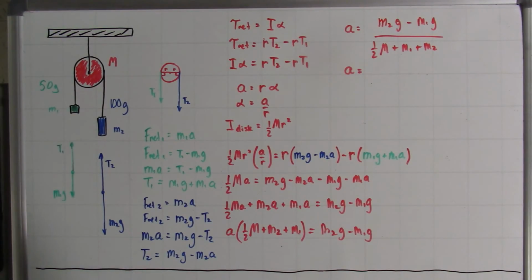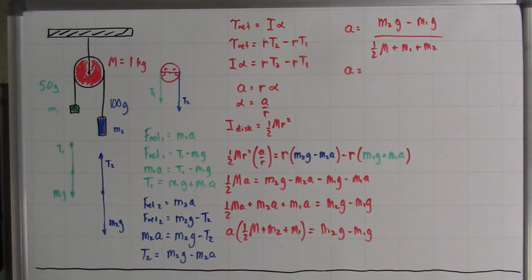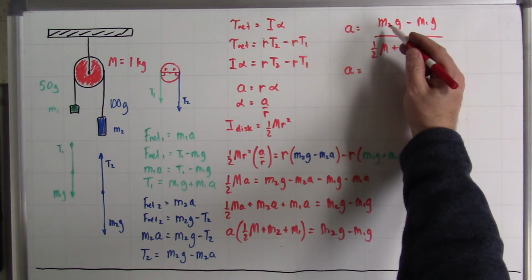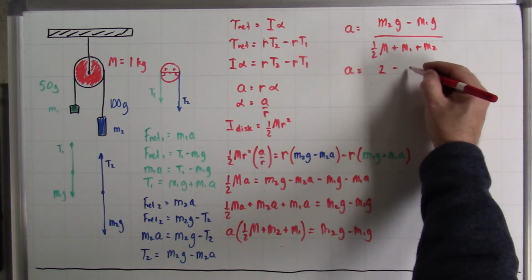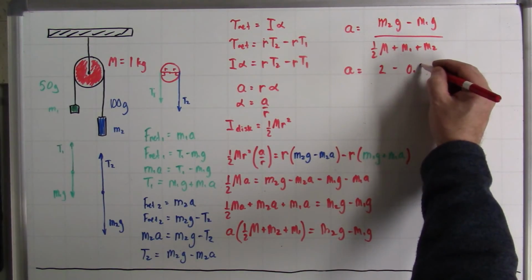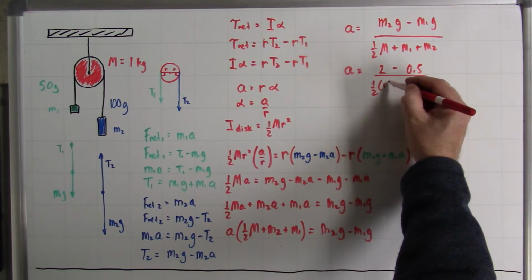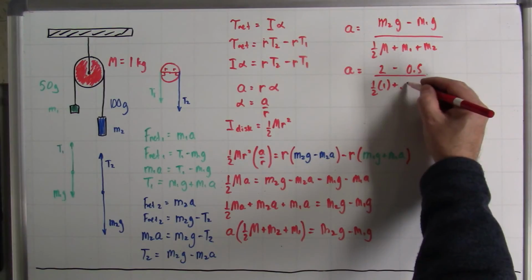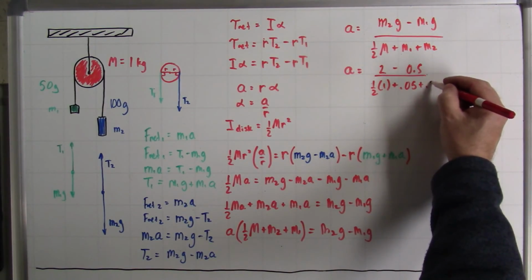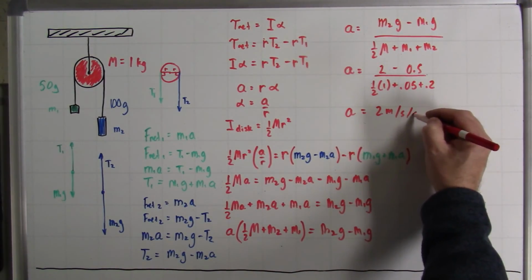And the big M is equal to 1 kilogram. So when I go to plug this in, M2G is 2 minus M1G is 0.5, and divide by 1/2 of 1 plus 0.05 plus 0.2, and acceleration is equal to 2 meters per second per second.